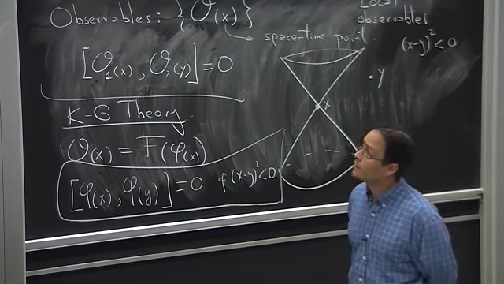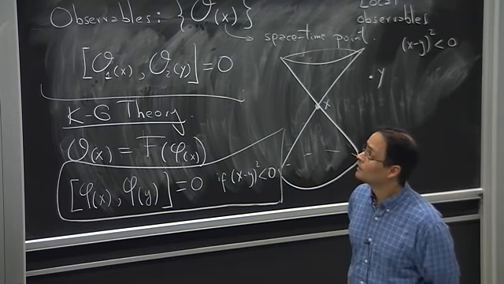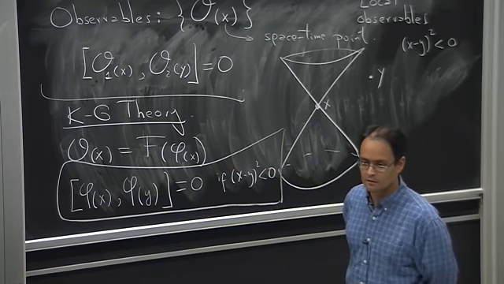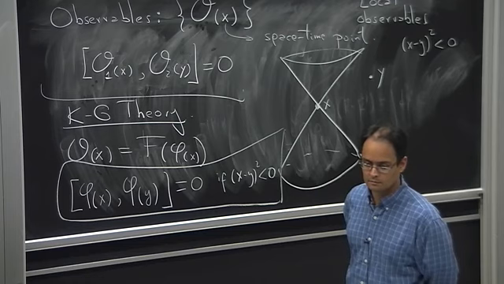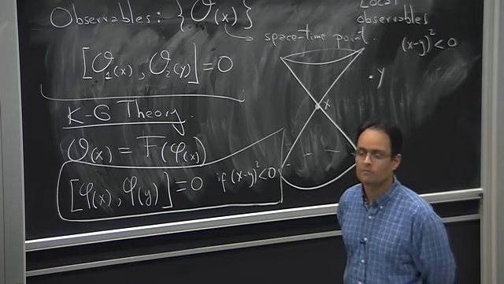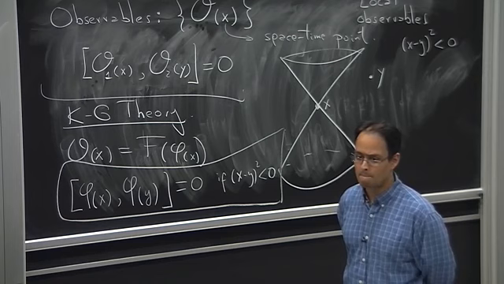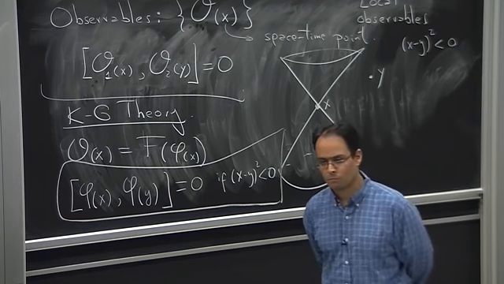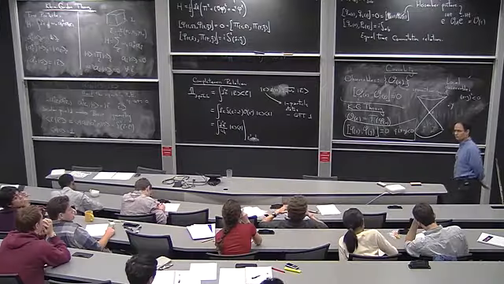Yes? The only information that I have is at equal times, right? Yes. So this is stronger, saying that I can have the commutation at different times, but just for space-like separation. That's right. So I cannot use this as an argument saying that I can generalize my commutation relationship.